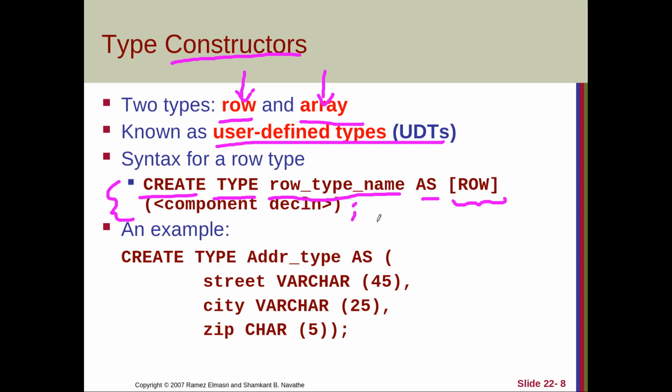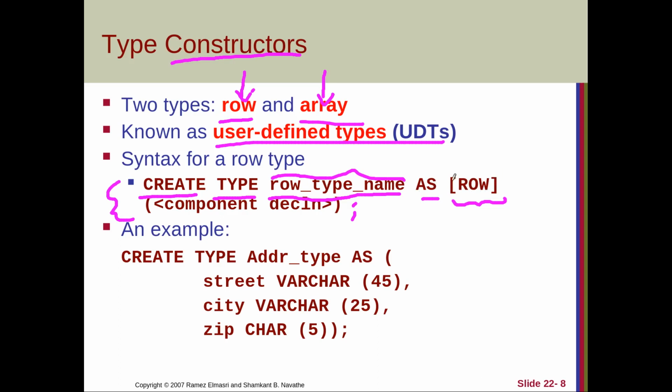So CREATE is a keyword, TYPE is a keyword, then there is a user-defined name for the type, then AS is a keyword, then within square brackets I am providing ROW.